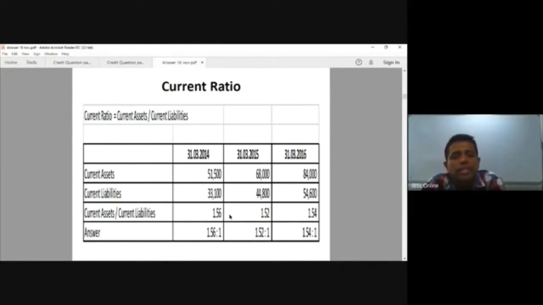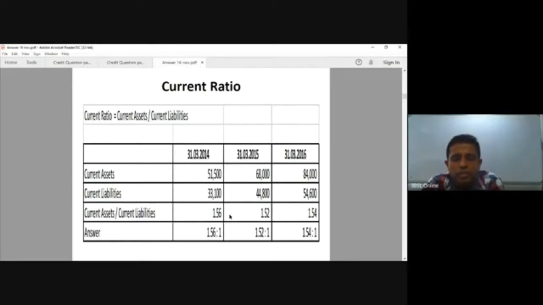That's why we divide current assets by current liabilities. Now, if you take 2014, for every one current liability, you have 1.56 current assets. Similarly, in 2015, for every one current liability, you have 1.52 current assets. In 2016, for every one current liability, you have 1.54 current assets.